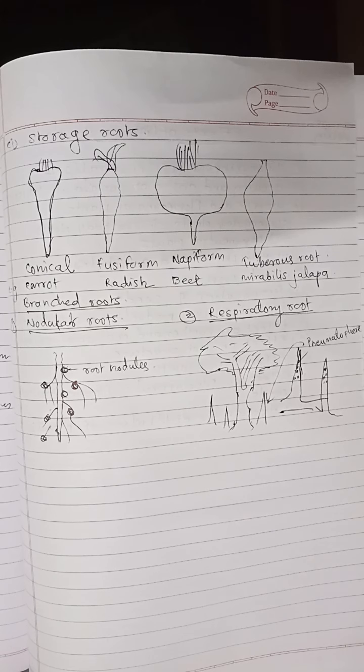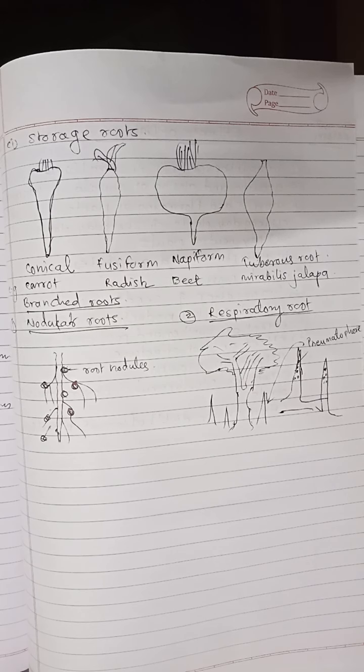Gaseous exchange takes place through these pores. Such aerial, porous, negatively geotropic roots which help in gaseous exchange are called respiratory roots or breathing roots or pneumatophores. Examples: Rhizophora, Avicennia, etc.